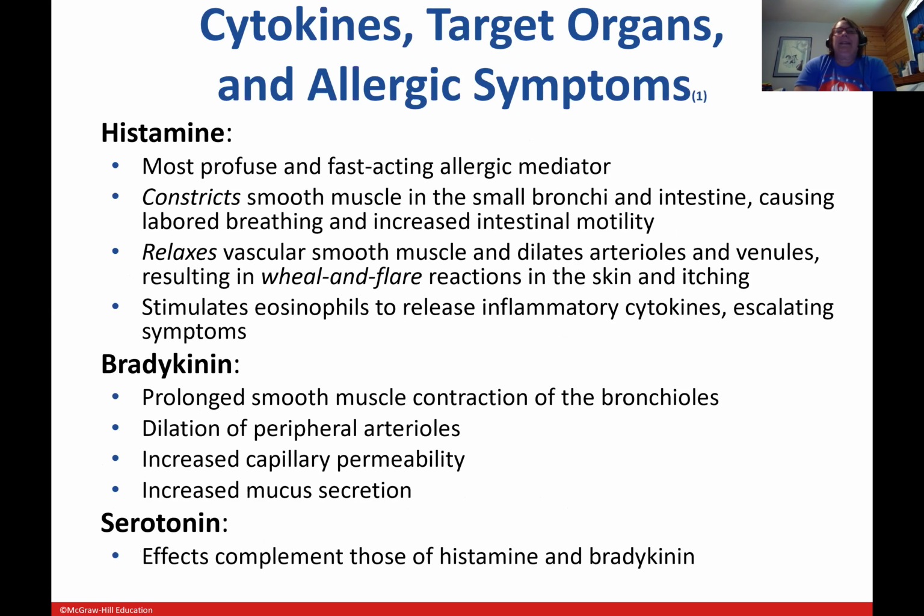Okay, so histamine is the most profuse and the fastest acting allergic mediator, which is why when we get allergies, usually the first thing we take is an antihistamine because we want to block the effects of that histamine cytokine on our body. So the first thing it does is it constricts smooth muscle, which means those bronchi and bronchioles in the lungs are immediately affected. And it causes a constriction, a reduction in the volume of air that can get into the lungs.